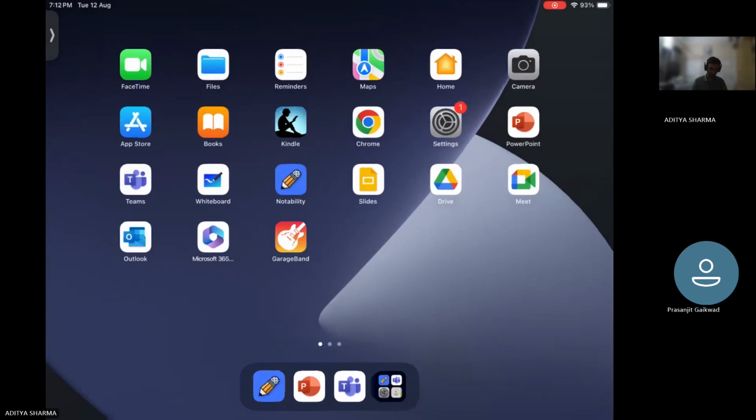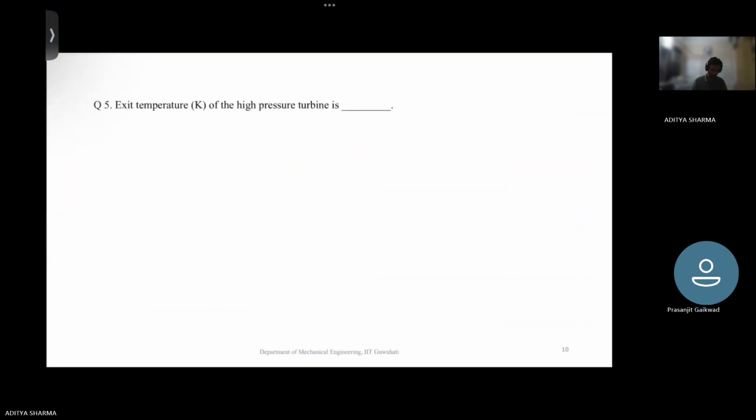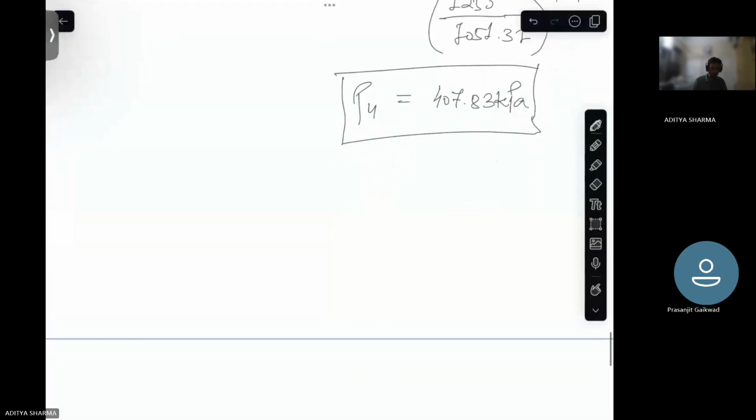The next question is the exit temperature of the high pressure turbine. So T4 we need to find out. How can we do that? Question number 5 solution.